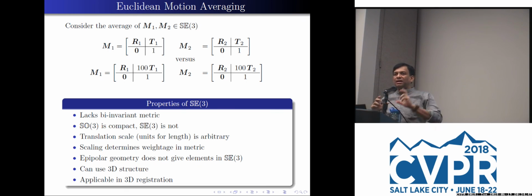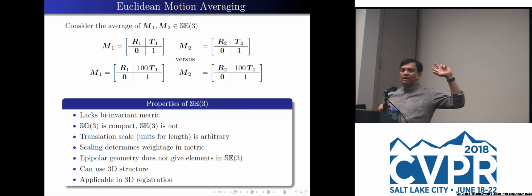That distance is nothing but the magnitude of the rotation angle that will take you from R1 to R2. In other words, the natural metric induced on 3D rotations has a nice physical meaning. It's actually the magnitude of the angle of rotation. So it's in radians, let's say, right?